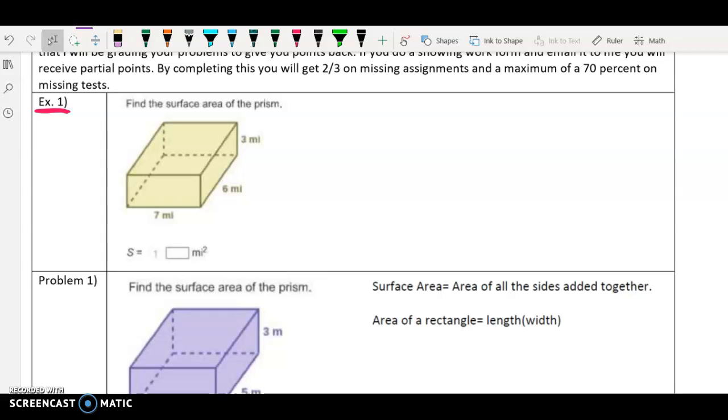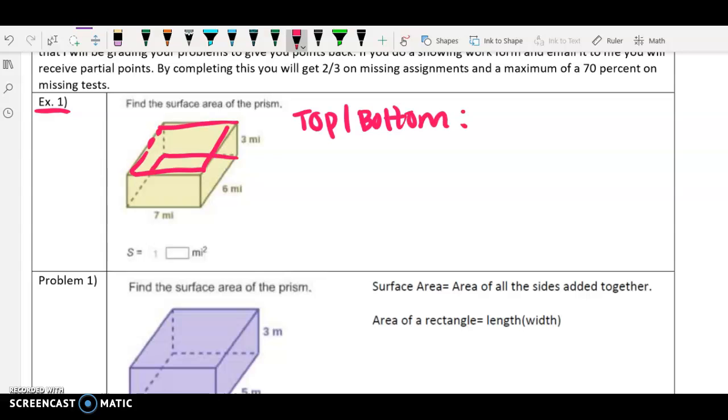So to find the surface area of a prism, we need to find the area of each side. So there are 6 sides on a box. Not a rectangle, a prism, sorry. And so what I like to do is think of it as top and bottom, because the top is going to match the bottom.